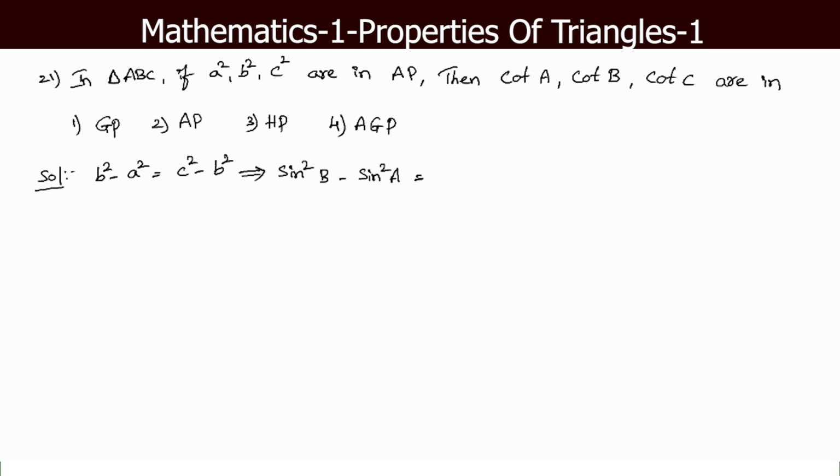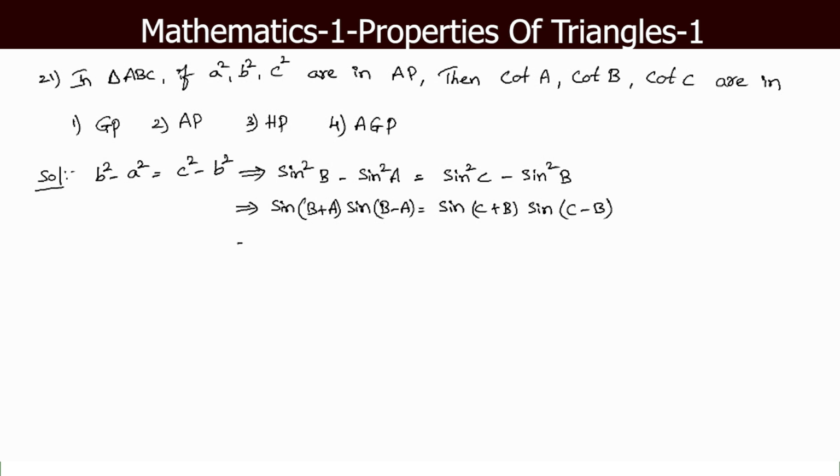That implies sin square b minus sin square a is equal to sin square c minus sin square b. Again, same simplification: sin(b plus a) into sin(b minus a) is equal to sin(c plus b) into sin(c minus b). So sin c into sin(b minus a) is equal to sin a into sin(c minus b). This shows that sin(b minus a) by sin a is equal to sin(c minus b) by sin c.